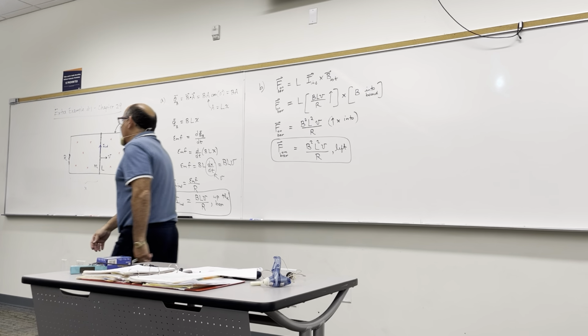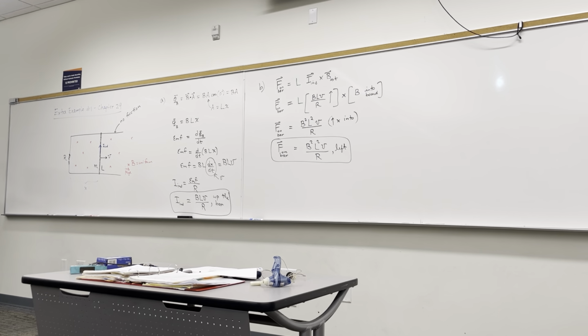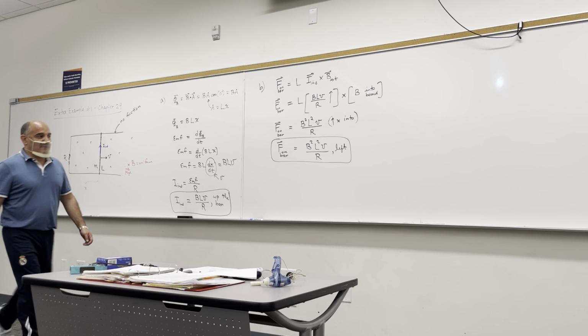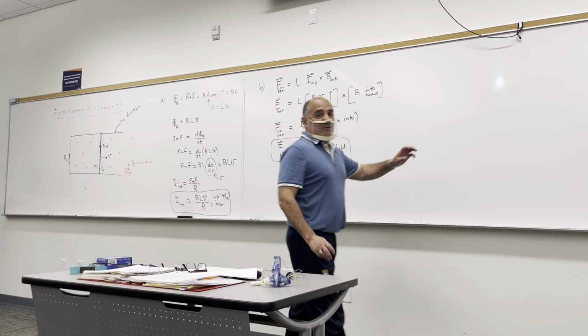If the bar starts out with speed v equal to 0 at t equal to 0, maybe I'll let you read it, because it's a cool problem, I think.